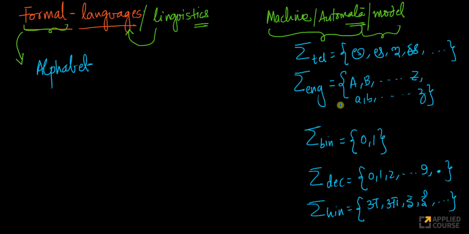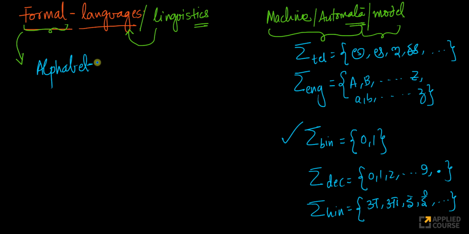Most spoken languages, actually there are some spoken languages which don't have a written script, but a big chunk of spoken languages like Telugu, Hindi, English have symbols which we use to write the language in. Similarly, binary is the computational language.